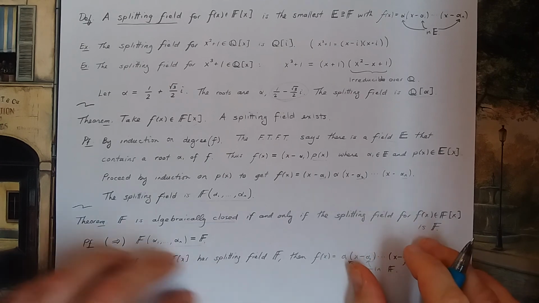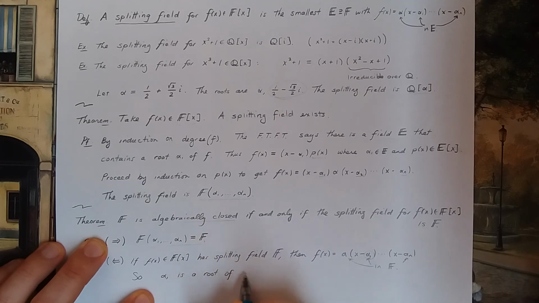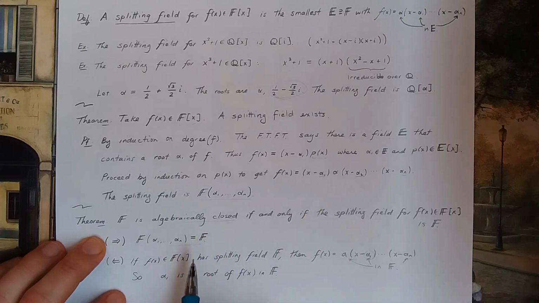So I have a root. So alpha 1 is a root of your polynomial in your field. That's the definition of algebraically closed. If you take an arbitrary polynomial, it will have a root in your field.